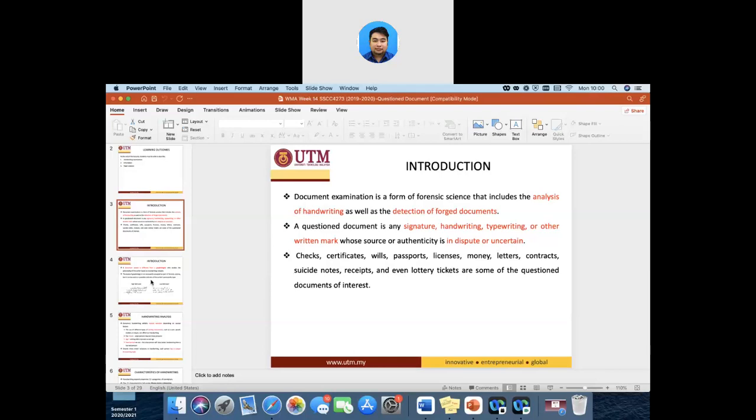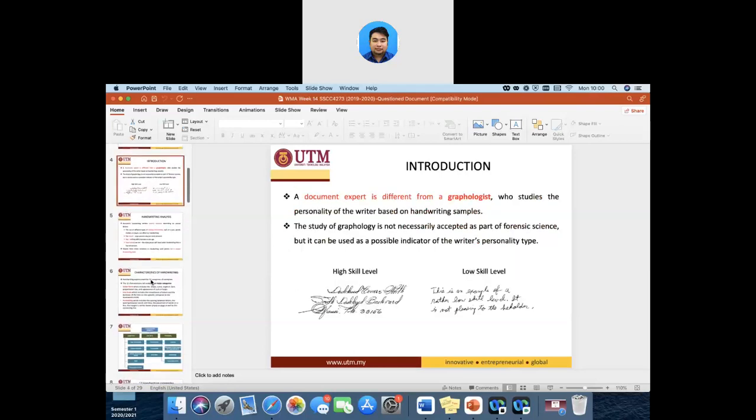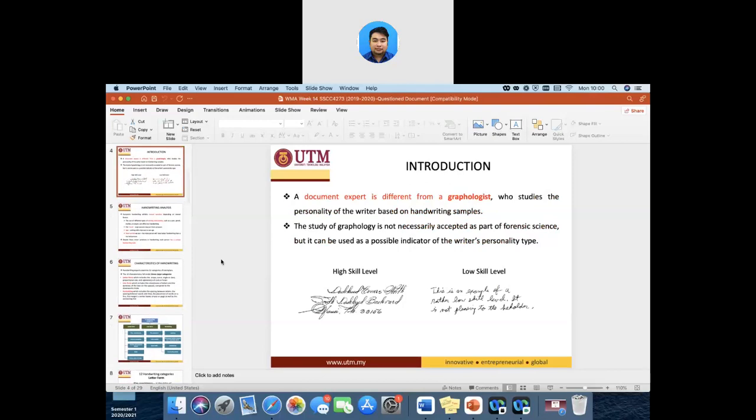Let's look into what characteristics we are looking at. A document expert is different from a graphologist. Graphologist ni adalah person who studies the personality of the writer based on handwriting samples. Bila dia tengok penulisan seseorang itu, dia boleh mengatakan apakah personality orang itu. Tetapi kita sebagai forensic scientist, kita tidak tengok kepada personality.